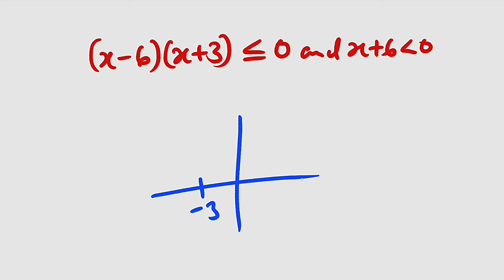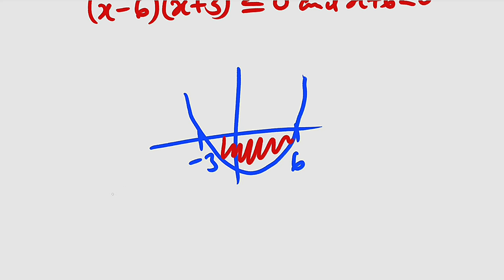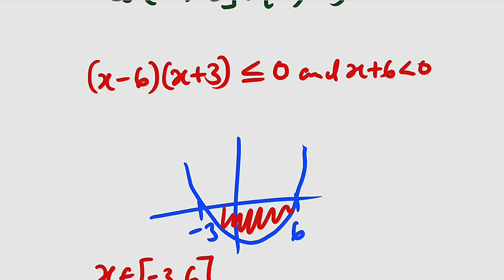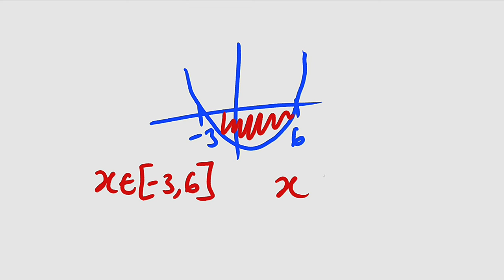This is negative 3, this is positive 6, something like this. We are talking about less than 0, so everything here from negative 3 down to 6. So x belongs to the set of values from negative 3 down to 6, inclusive. Then the other one, if you solve this one, you're going to get x less than negative 6.